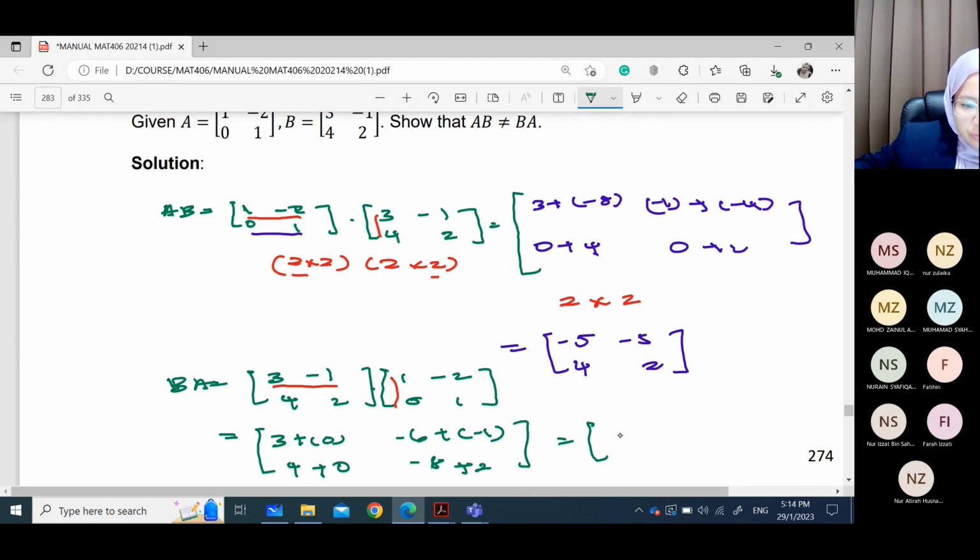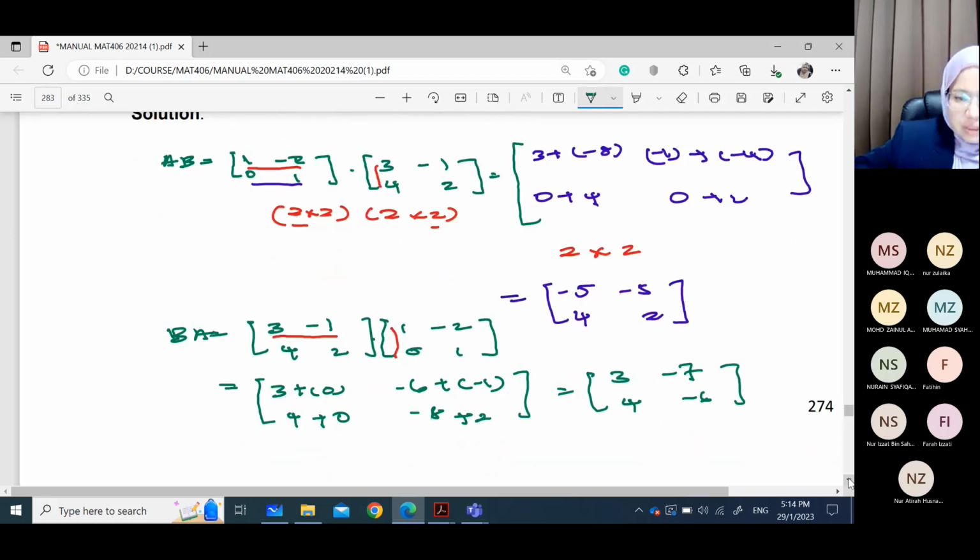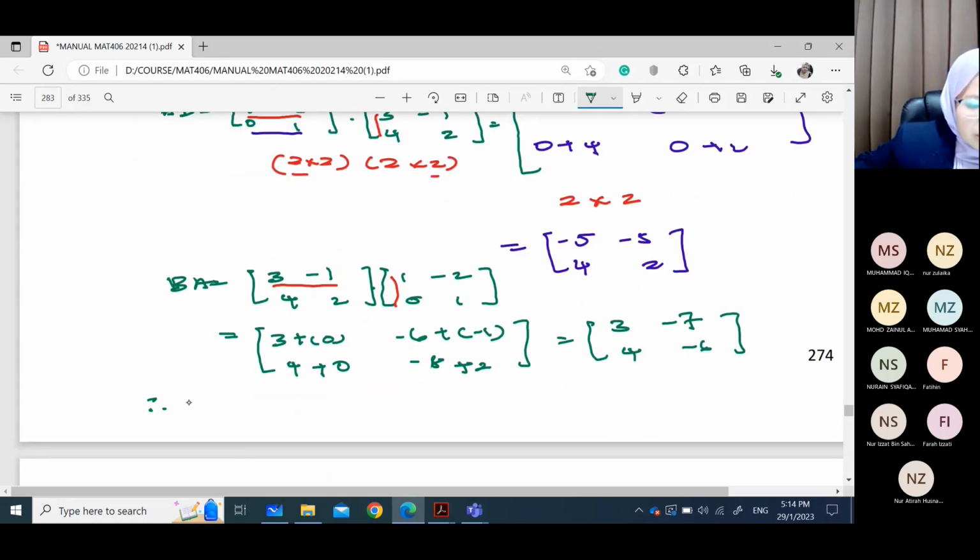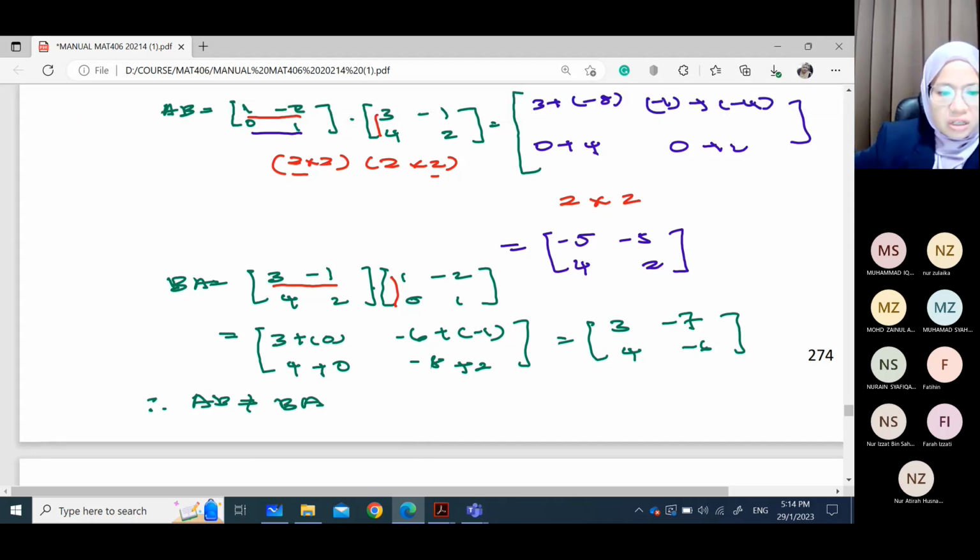Okay, so it is equivalent with 3, -7, 4, and -6. So based on this answer, it is shown that AB and BA does not equivalent. Kalau sama, mesti dia punya output dia sama. Tapi ni tak sama. So kita boleh katakan AB and BA does not equivalent. Okay, boleh?